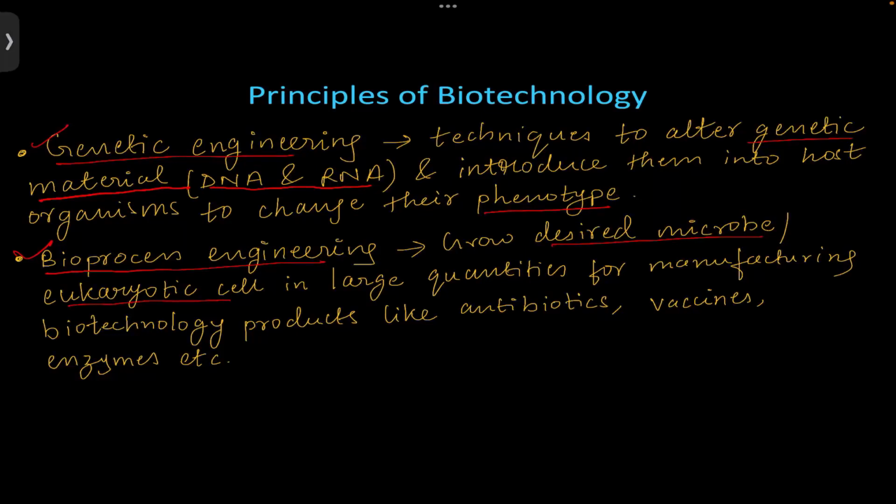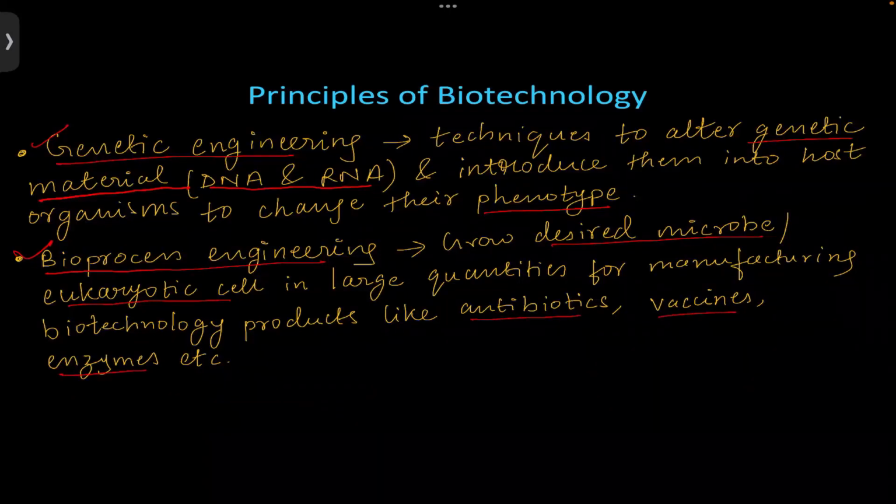Because these cells have been discovered to produce some useful protein or useful product, and in order to produce that product, these cells or microbes are grown in very large quantities. What kinds of useful products are we talking about? These include antibiotics, vaccines or enzymes, etc.